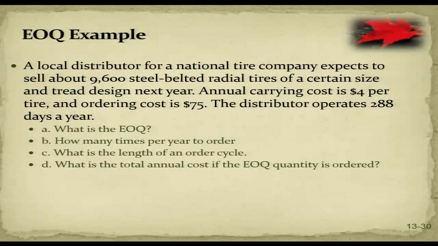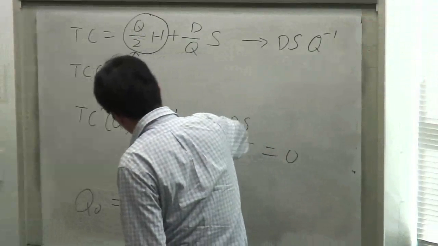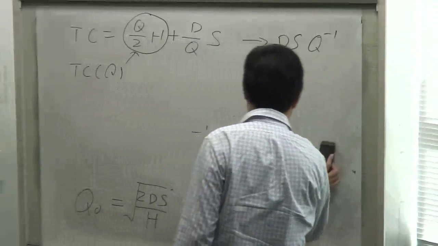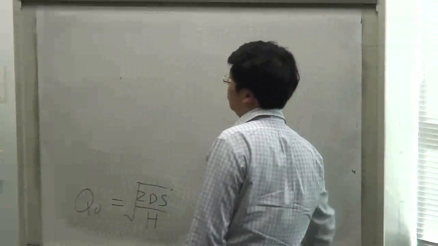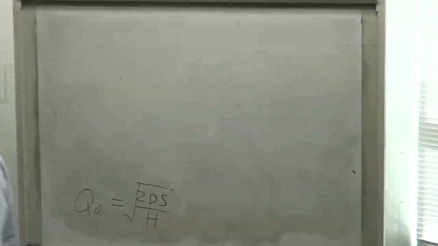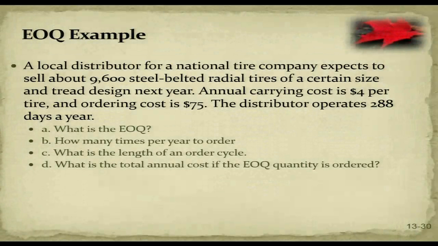Now, we have this example. We know here is our optimal formula to calculate Q. Now, let's see this example. A local distributor for a national tire company expects to sell about 9,600 steel-belted radial tires of a certain size and tread design next year.